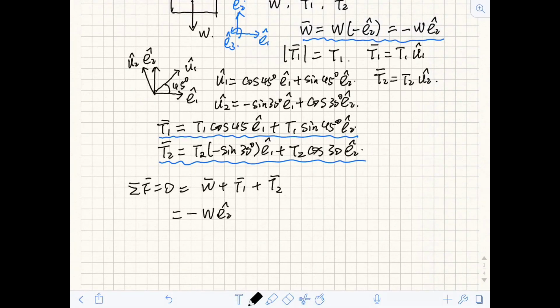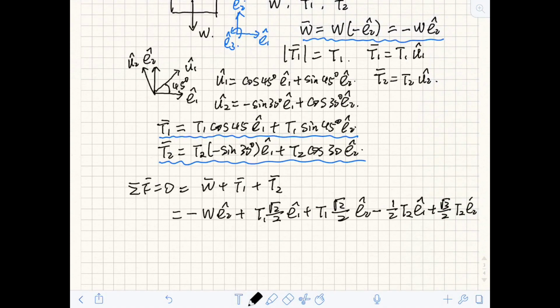We have negative W E2 plus T1, and we know cosine 45 degrees is square root of 2 over 2 E1, and sine 45 is square root of 2 over 2 E2. And for the expression of T2 bar, we have negative 1/2, that's the value for sine 30, T2 E1 plus square root of 3 over 2 times T2 in the E2 direction.